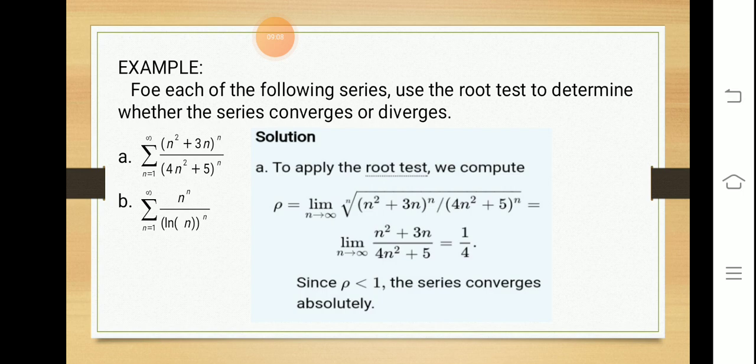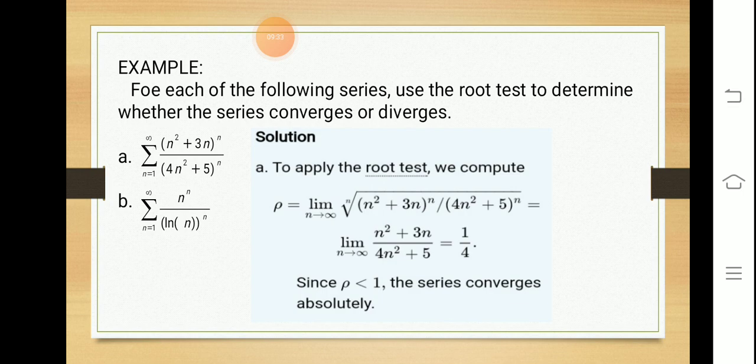For each of the following series, use the root test to determine whether the series converges or diverges. So, letter A. The summation of n equals 1 to infinity of n squared plus 3n over 4n squared plus 5, all to the power of n.